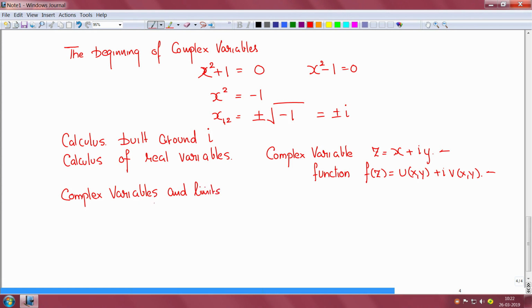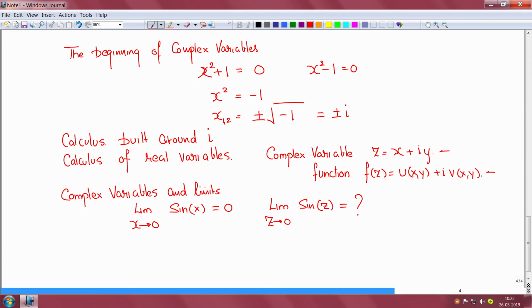Now we are aware that the limit x tending to 0 of sine of x is equal to 0. So the question we ask is, limit z tending to 0 of sine of z, is it equal to 0 or what is it?